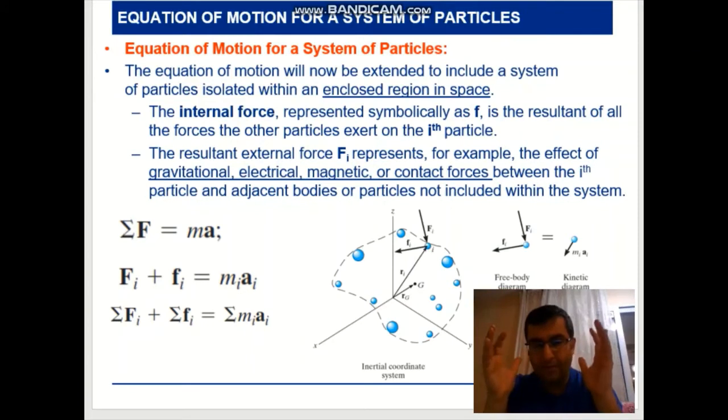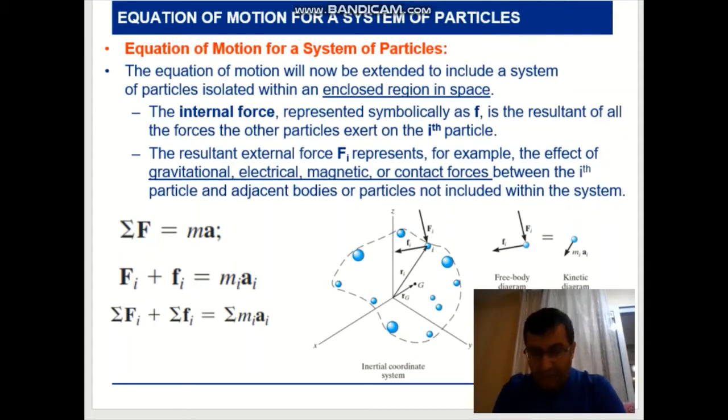Like if there is a control volume and there are too many particles in it, and they attract each other or repel each other, or if they have external forces like electrical, magnetic, or contact forces, gravitational forces, what happens? How are we going to calculate? We are going to say, okay, capital Fi is going to be the external forces, and small fi is going to be the internal forces.